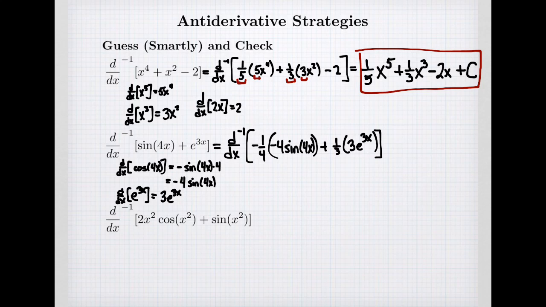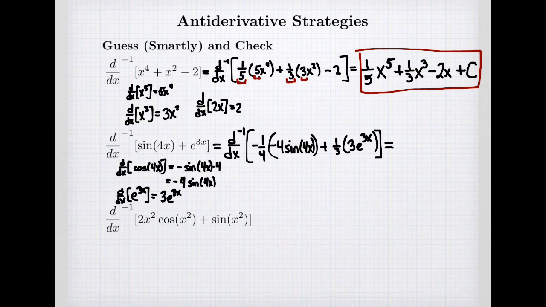So using the guess and check idea, I've identified that the sine of 4x came from the derivative of cosine, and the exponential came from the derivative of the exponential, and I can now write down my antiderivative.